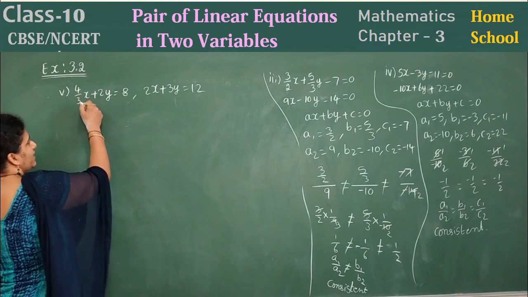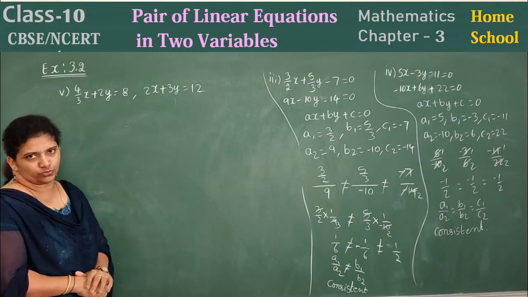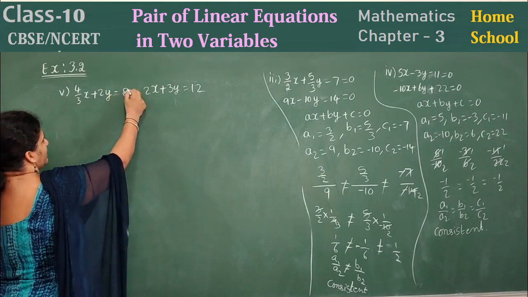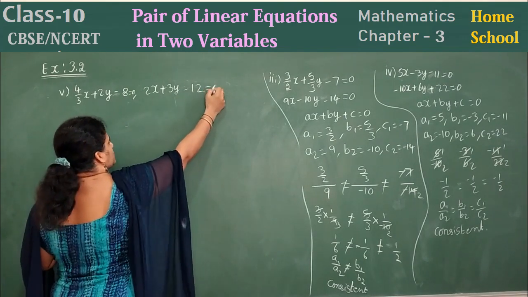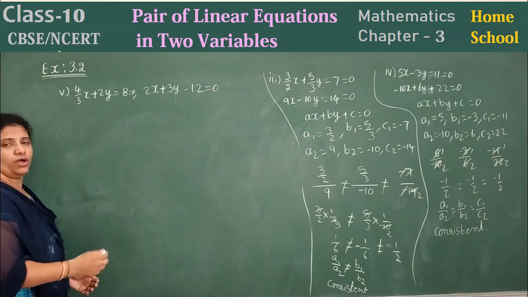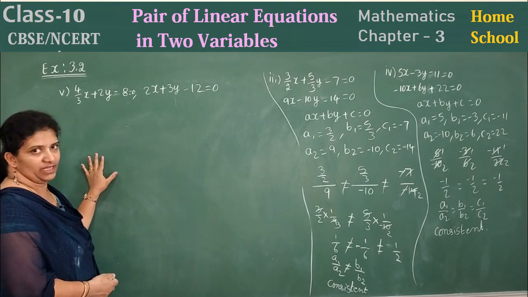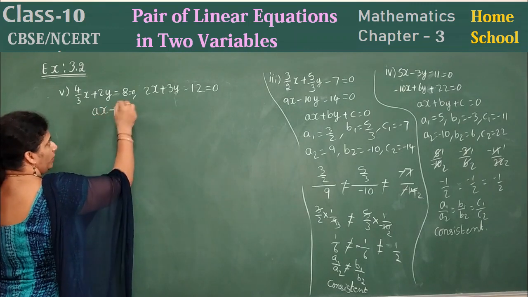So, you can see 4 by 3 x plus 2y is equal to 8, 2x plus 3y equal to 12. So, bring this 8 this side. What happens? Minus 8 equal to 0. And bring this 12 this side. Minus 12 equal to 0. Now, compare the pair of linear equations with the standard form of the linear equation in two variables, children.